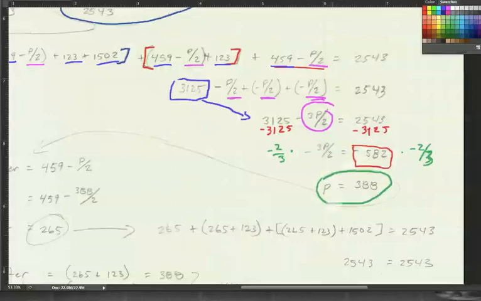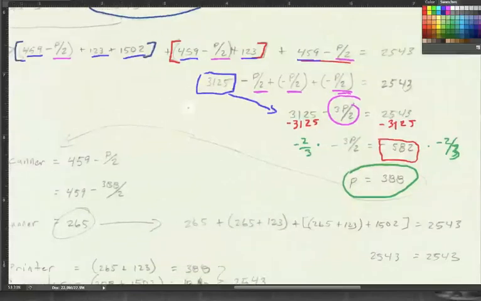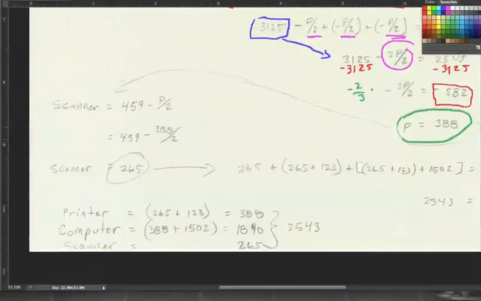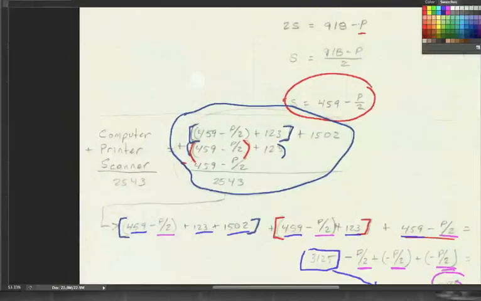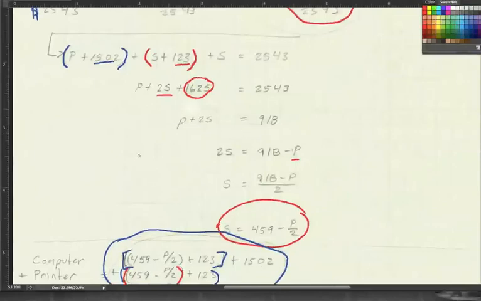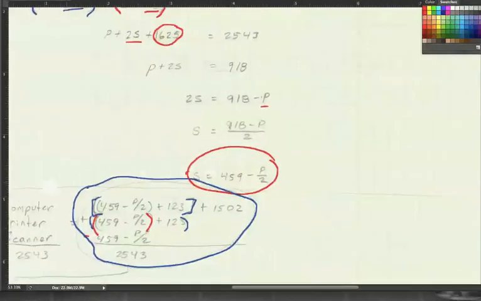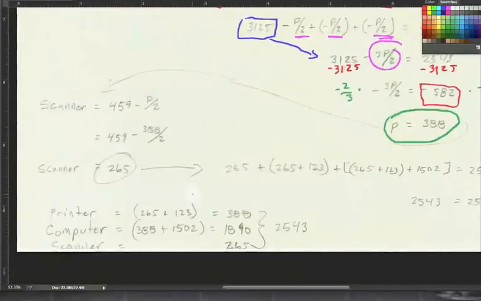So now that I have S and I have P, I can start putting my stuff into the formulas. For the scanner, if I go all the way up here, we've determined that the scanner is 459 minus p over 2.